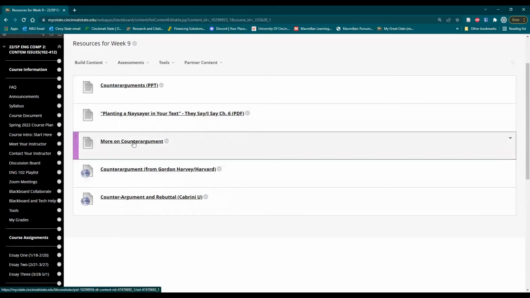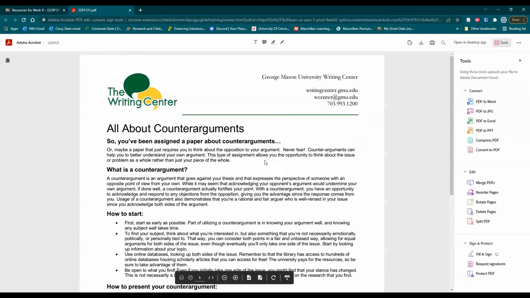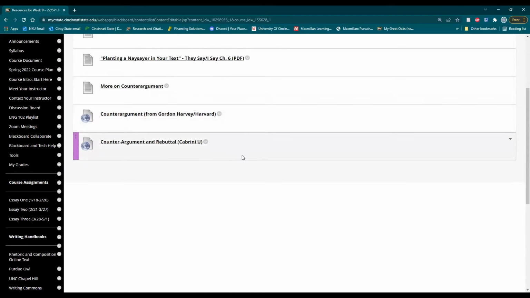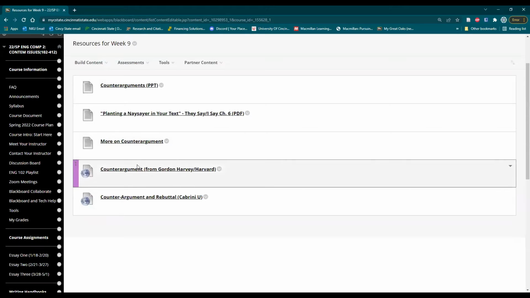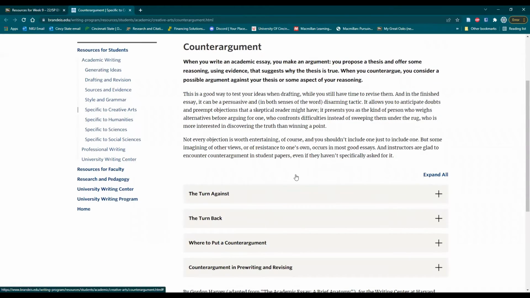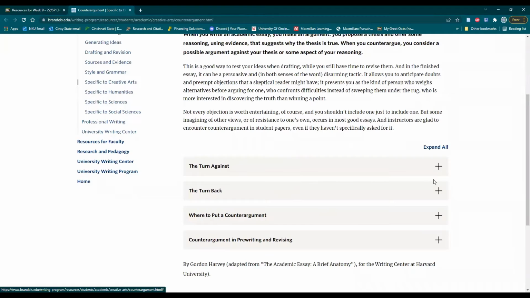Then we have the handout on more on counterargument from the George Mason University Writing Center. And then there are 2 other handouts that I refer to in my lecture. One is from Gordon Harvey on counterargument, which I think is really good. This is where he talks about turning against and then turning back, and where best to place the counterargument. So you can expand all, or you can click on the little plus signs to look at more information there.